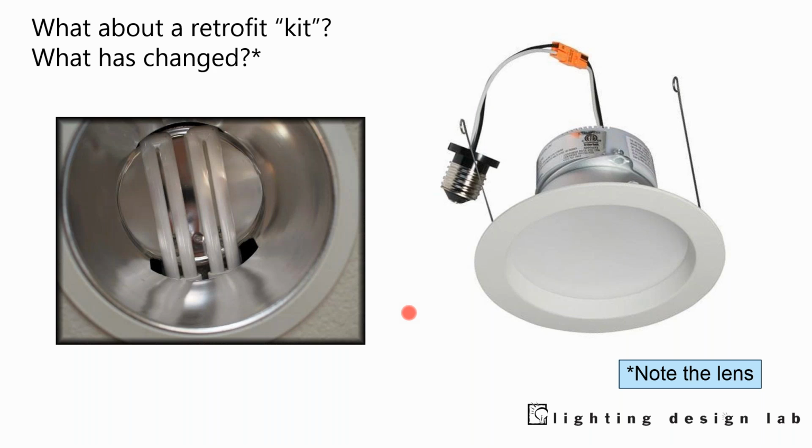One thing though that you have to understand is we've changed, so that's pretty good. And in fact, these may be fine for many applications, but bear in mind that we've changed the optics a little bit.